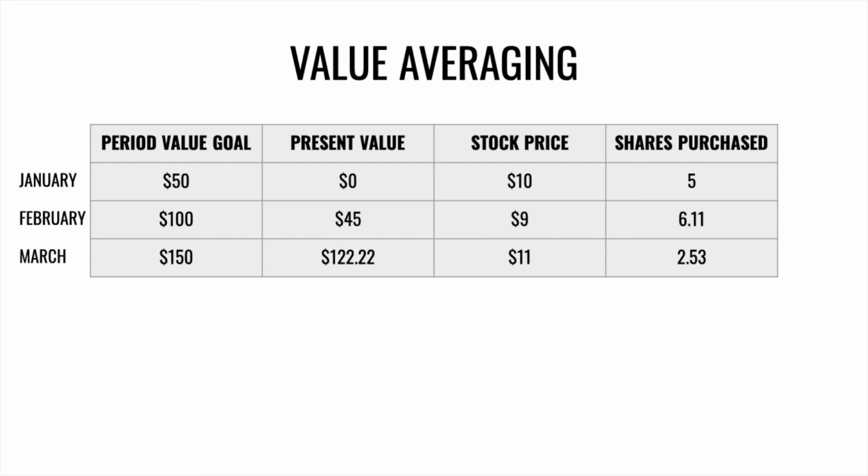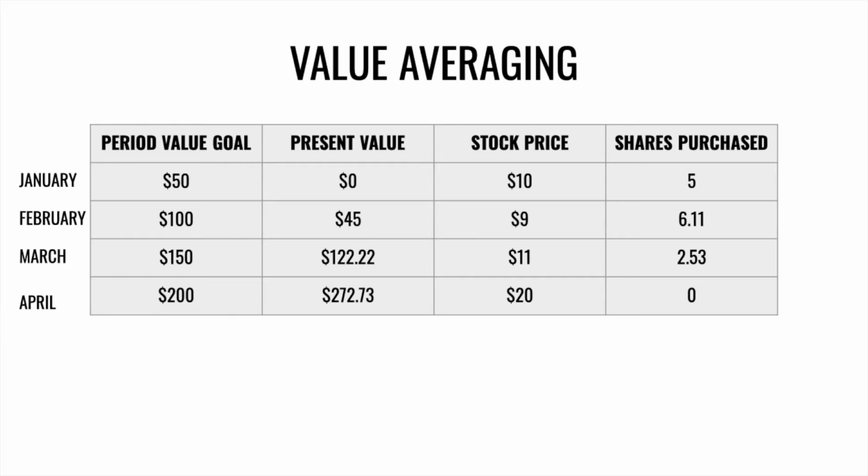And that difference then is 27.78. So I'm going to invest $27.78 more into stock XYZ. Now currently it's $11. So 27.78 divided by 11 is 2.53. So I'm going to buy 2.53 more shares of XYZ in March.